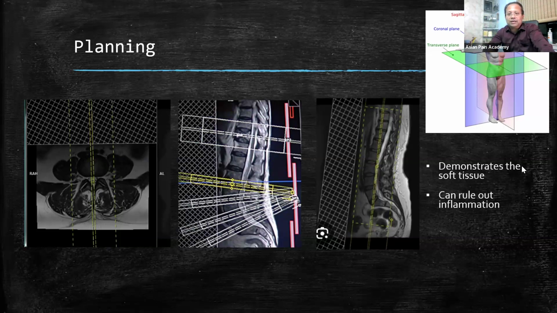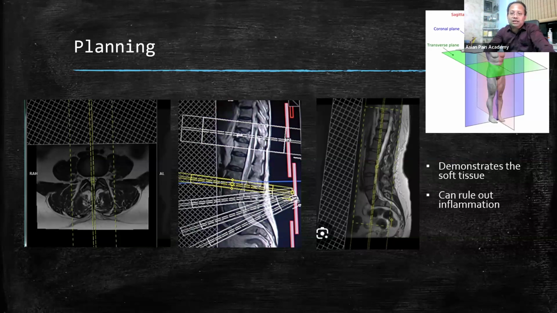MRI demonstrates the soft tissue also, and it has a big advantage: it can rule out inflammation. It is not only the anatomical derangement it shows, which other modalities like CT scan also tell, but it tells you the physiological change also, like whether immediate acute inflammation is there or not. If there is acute inflammation and bony edema, it will show.